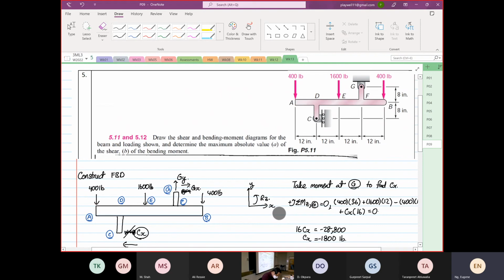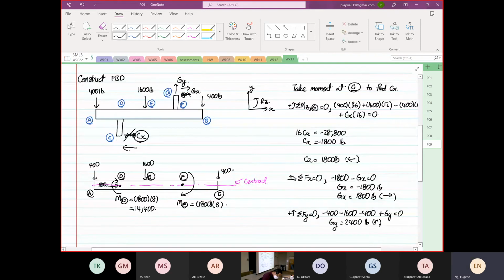Multiplied by a distance of 8 again. So this will be 1800 times 8 is equal to 14400 pounds. So 1800 times 8, 14400 pounds.